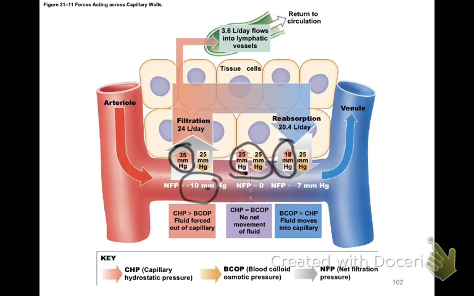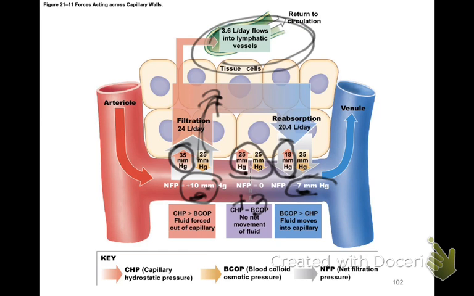And here, the difference between 18 and 25 is negative 7. And the difference between positive 10 and negative 7 is positive 3, which means you tend to filter out, at a pressure of about plus 3 millimeters of mercury, a total of 3.6 liters a day, which is going to flow into the lymphatic tissues.